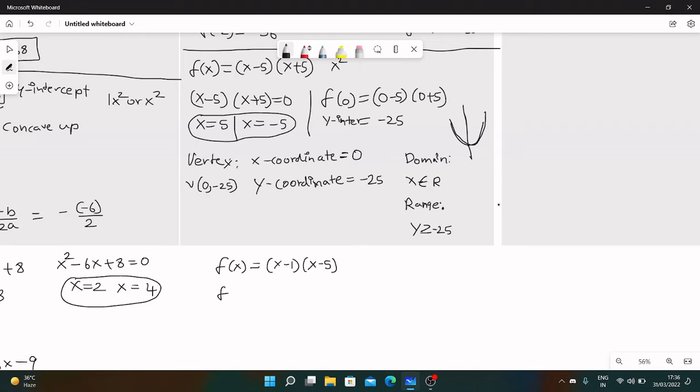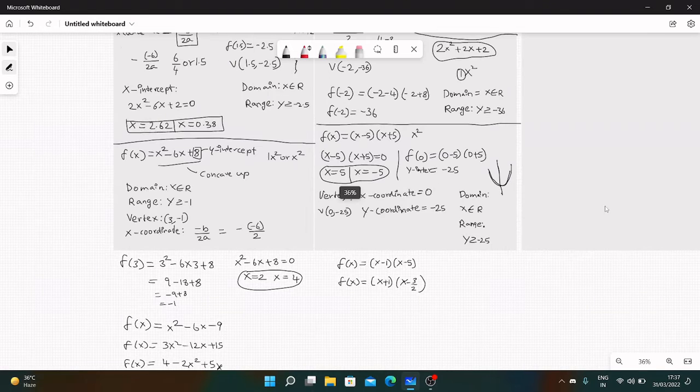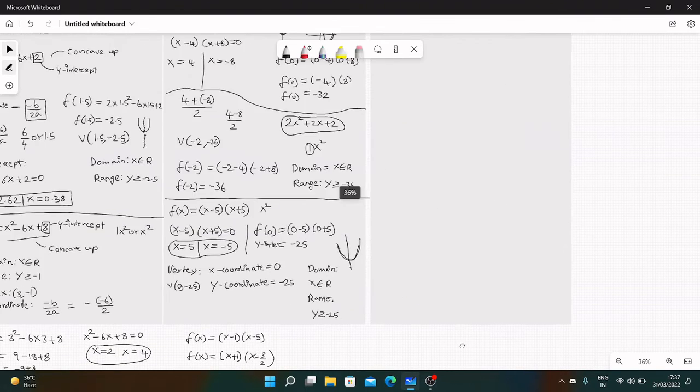And then you have another question, f of x equals x plus 1 times x minus 3 by 2. It's simple, nothing hard. Now let's move on to the last form, and that is the vertex form.